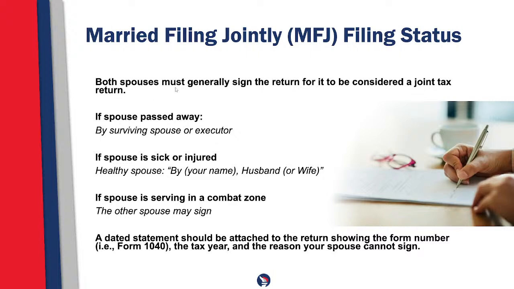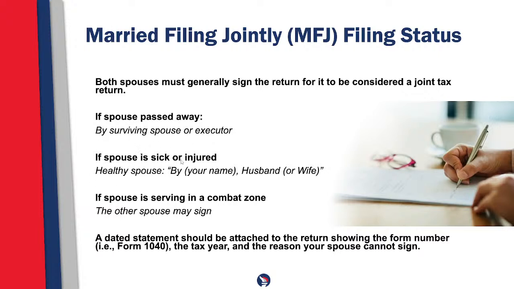Both spouses must generally sign the return to be considered a joint tax return. However, if the spouse passed away, the surviving spouse can sign for the deceased spouse, or the executor of the estate can sign for the deceased spouse.